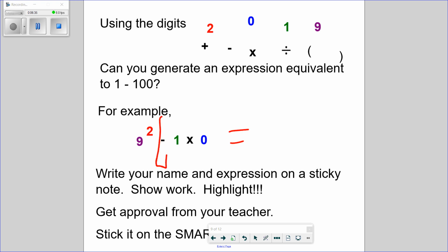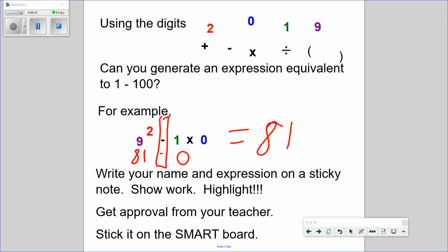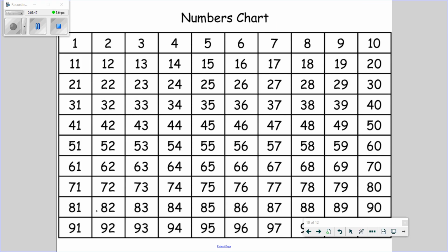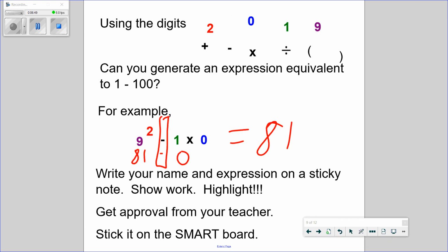If I highlight this, 9 times 9 is 81. 1 times 0 is 0, so it's 81. So I will get approval from the teacher, and you can stick it on a smart board that says 81. So 81 has been answered now, so I cross that out. So write your name and expression on a sticky note. Show your work. So hopefully this is a refresher of how to do prime factorization and order of operation.